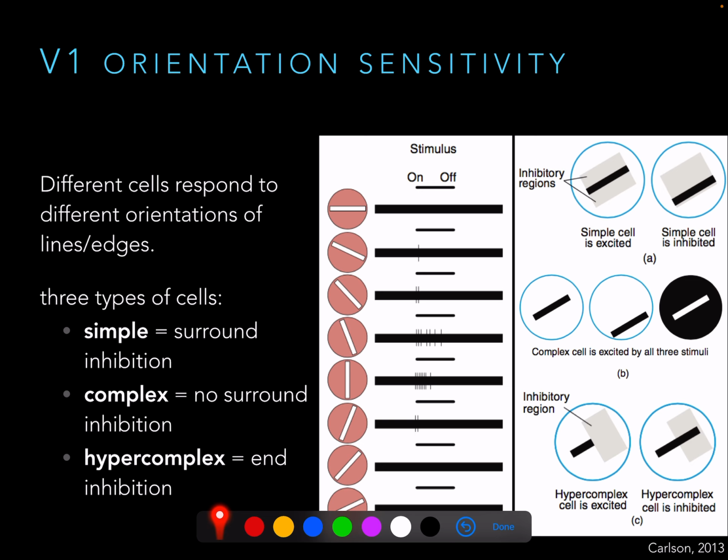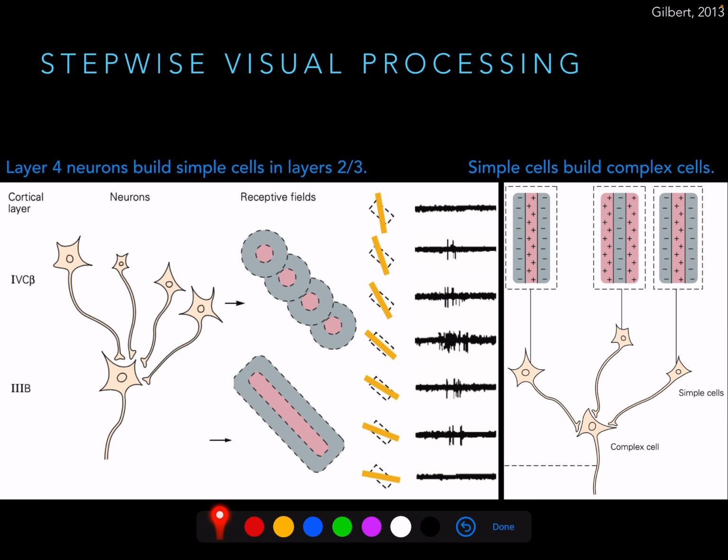Okay, how can we possibly get these crazy receptive fields? It's just stepwise visual processing. Okay, so in layer 4, that's where we're getting input from the thalamus, which is where we got input from retinal ganglion cells. And if you remember retinal ganglion cells, and I'm sure you do, they have a center surround receptive field.